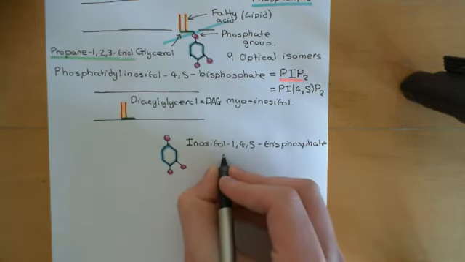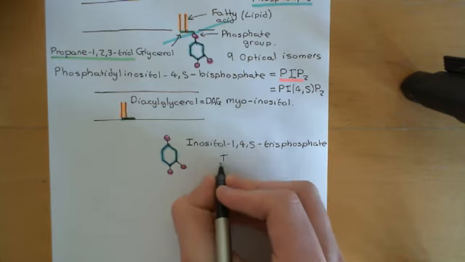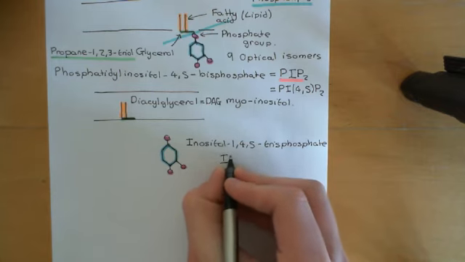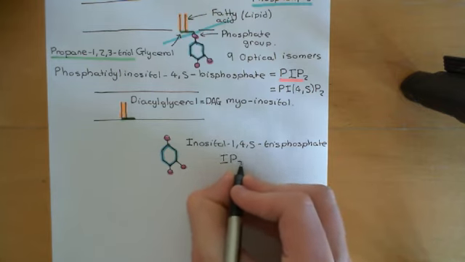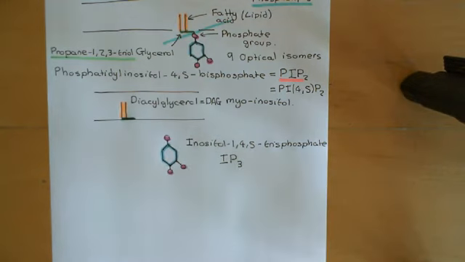For short, inositol 1,4,5-trisphosphate is abbreviated to I for inositol, P for phosphate, and then because you've got 3 phosphates coming off, it's IP3. So these are the 2 products of the phosphoinositide-specific phospholipase C enzyme cleavage of phosphatidylinositol 4,5-bisphosphate. You get diacyl glycerol molecules which stay in the cell membrane and IP3 molecules which go into the cytoplasm.